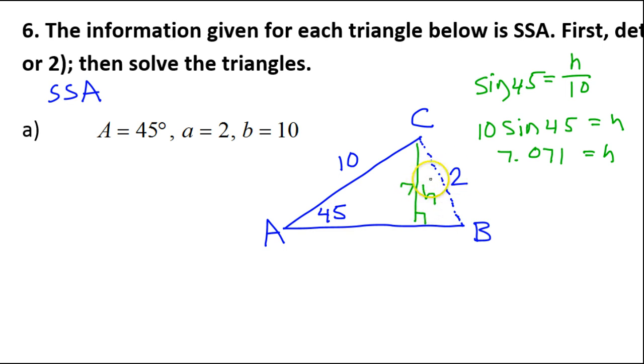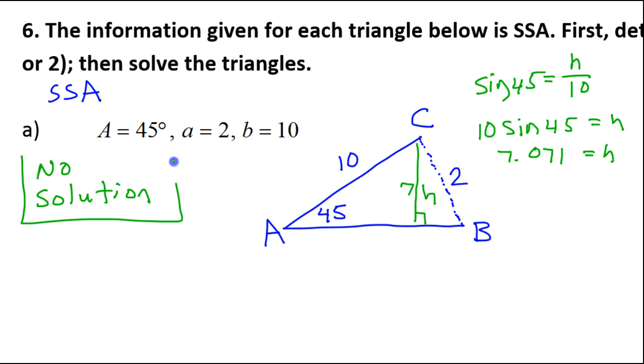And I can tell right away that this is not going to make a triangle at all. I'm going to say no solution. This will not make a triangle because we just found that the height of the triangle is 7. Now I'm looking at my rope here, and my rope is length 2. Side A is 2.